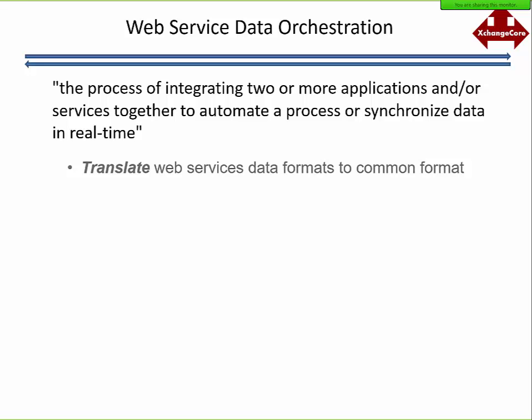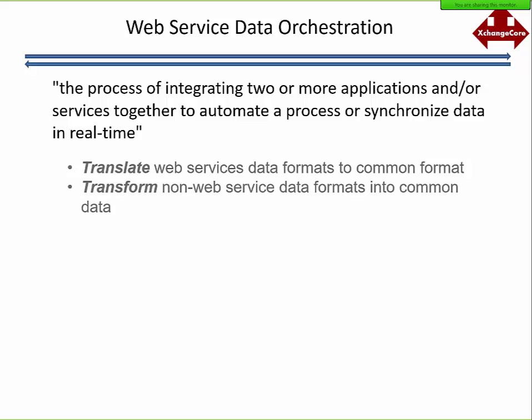Specifically, 5 different capabilities. The first one is translate data. Translate web service data into a common format. Web service is a big, popular new way to share information, new over the last few years. Some see it as the answer to all problems. It doesn't really work that way because there are lots of things that are not in web services.